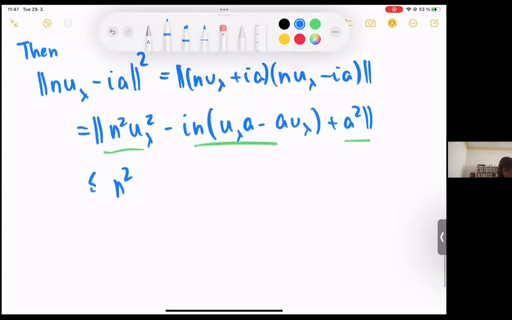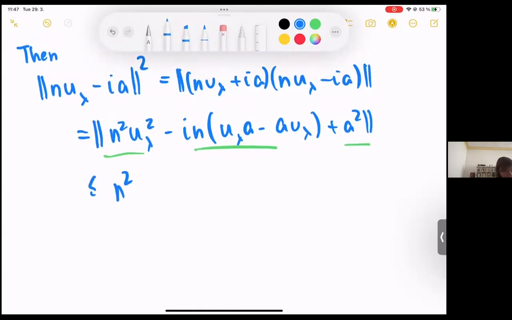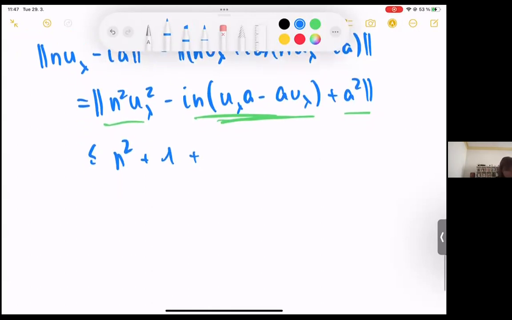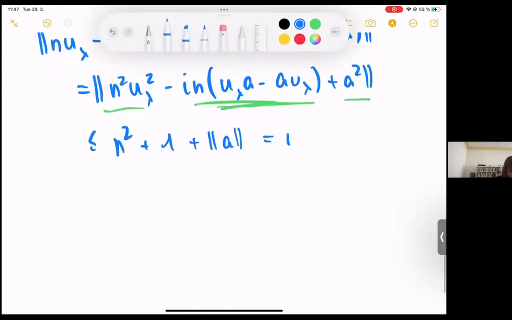Now, by assumption, u lambda is sufficiently large so that this is 1 over n, which means that this second chunk here will just be at most 1. And then since a was assumed to be smaller than 1, then the norm of a squared is going to be less than the norm of a itself, which in turn is less than 1. So we get that this is at most n squared plus 2.